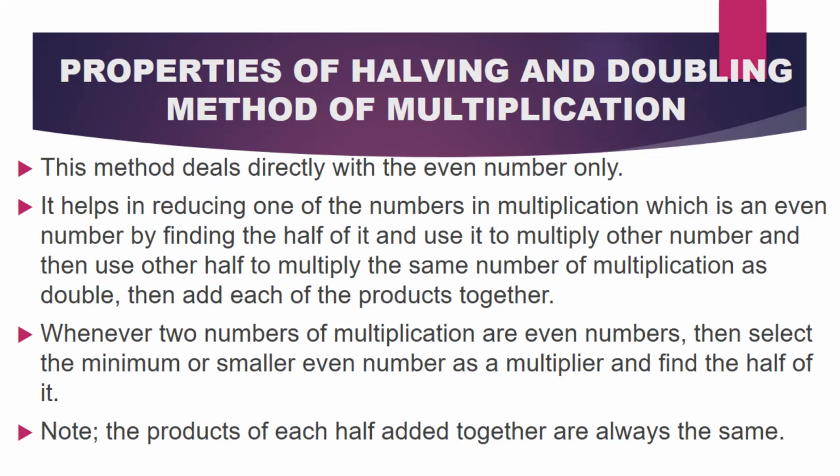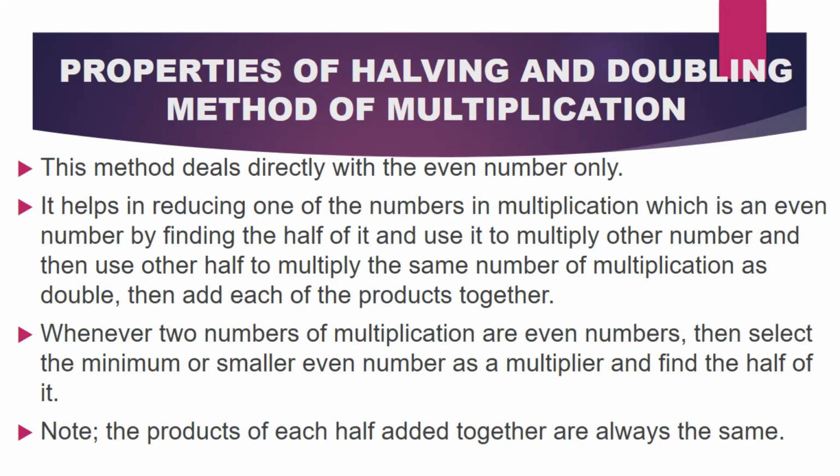That is why this method deals directly with even numbers only. It helps in reducing one of the numbers in multiplication, which is an even number, by finding half of it and using it to multiply the other number, and then using the other half to multiply the same number as double. Then add each of the products together.